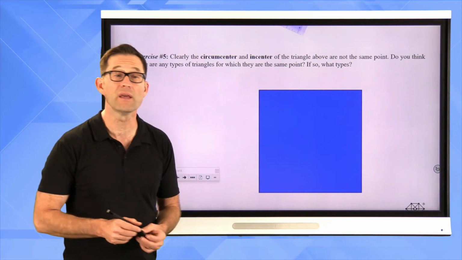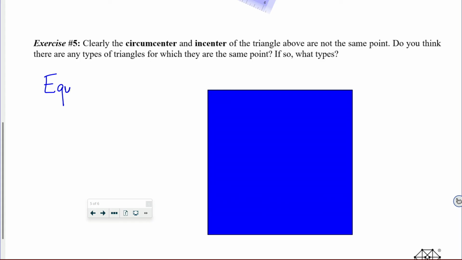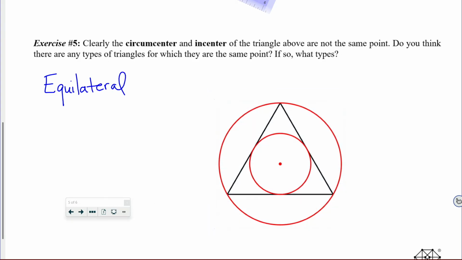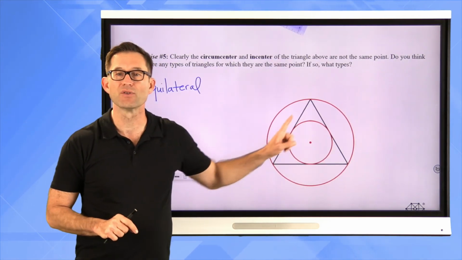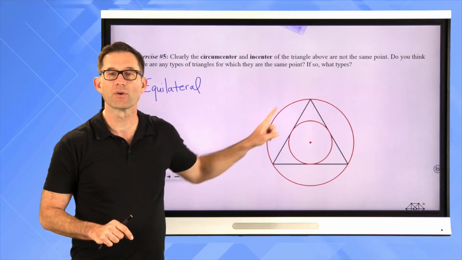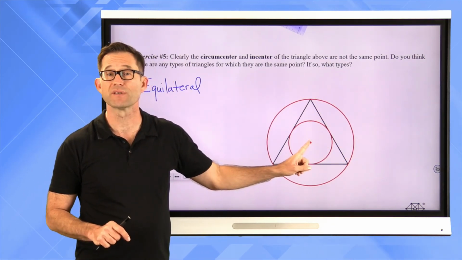Well, if you said equilateral, you are correct. In other words, a triangle that has all three sides the same length will have an incircle and a circumcircle that have the same center point.